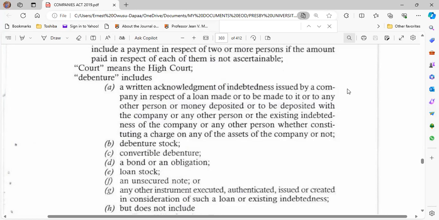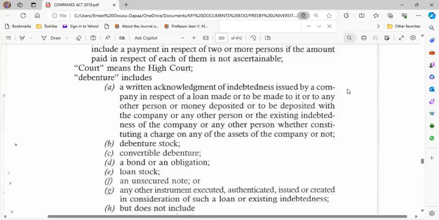And the law is quite explicit that it must be a written acknowledgement. So the company will give you a document in which the company itself has written acknowledging that it owes you the loan you are giving to it, or the loan you are about to give to it.